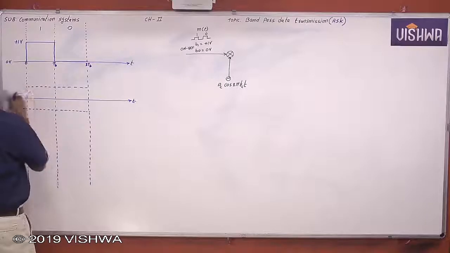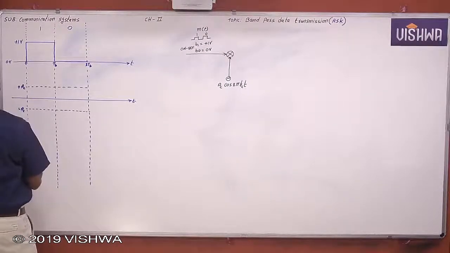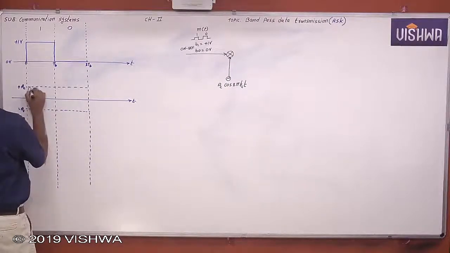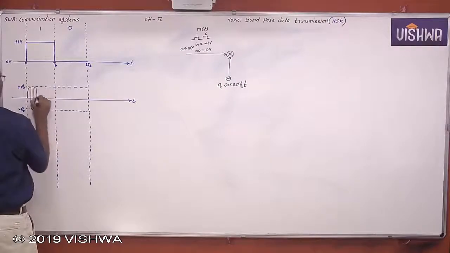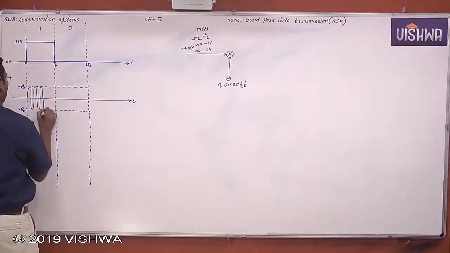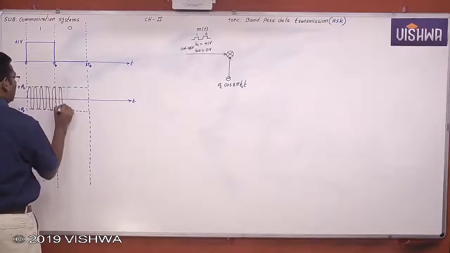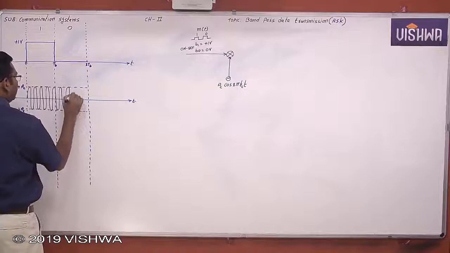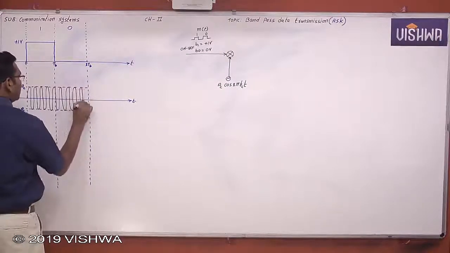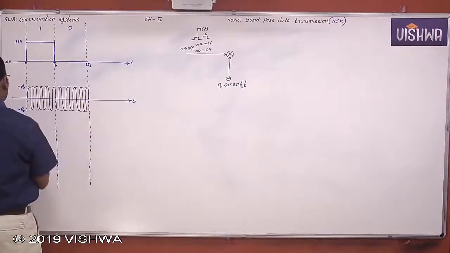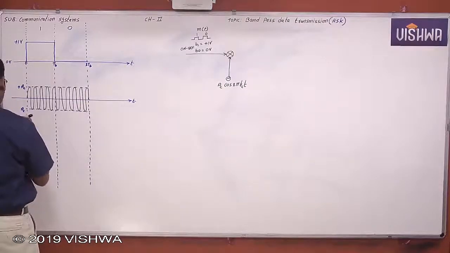The minimum amplitude of the carrier is minus AC. The peak-to-peak amplitude of the carrier is 2AC. The frequency is FC and the phase is some phi. This is the analog carrier.